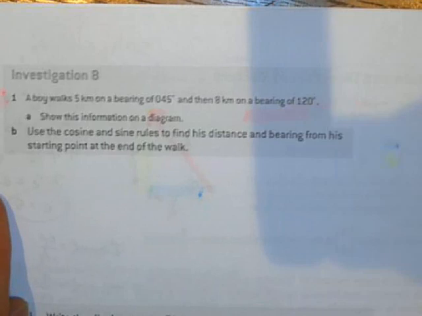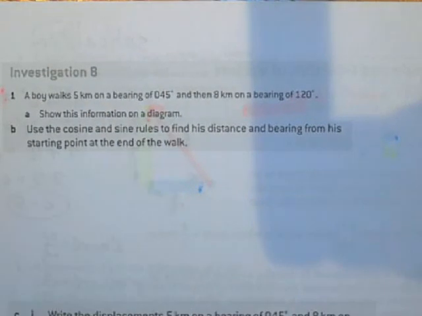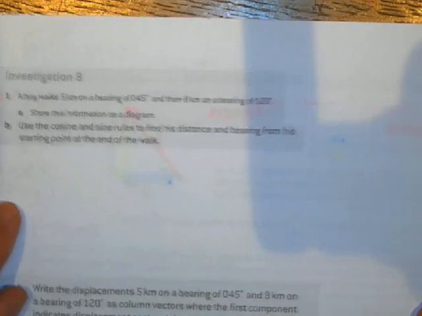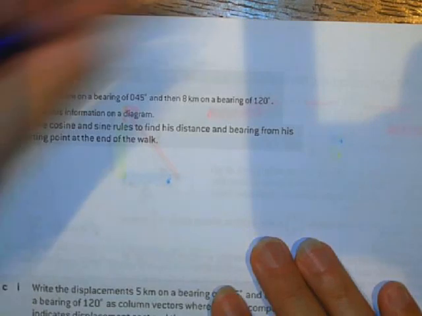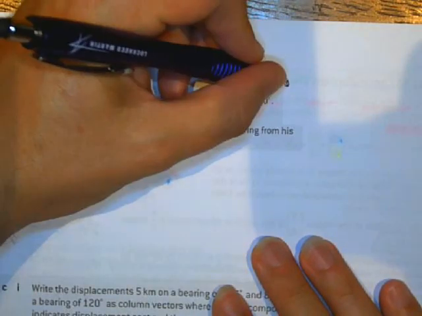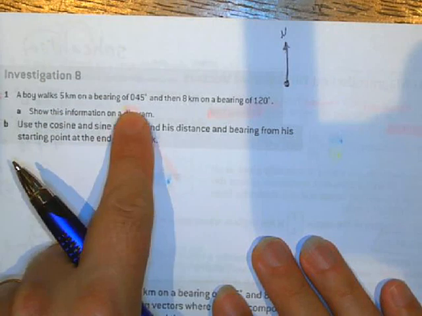All right, a boy walks 5 kilometers with a bearing of 45 degrees, and then 8 kilometers with a bearing of 120 degrees. I'm going to do the drawing over here on the left. Starting off here, remember north is always pointing up, bearing of 45 degrees.